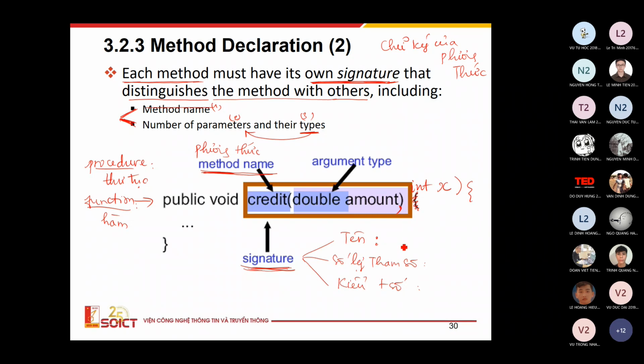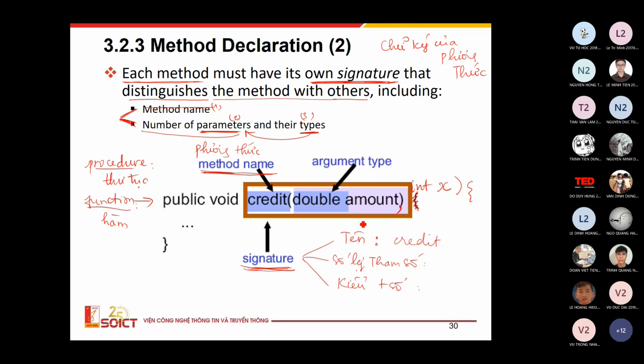The name is credit. The number of parameters, in the slide already, yeah, one.